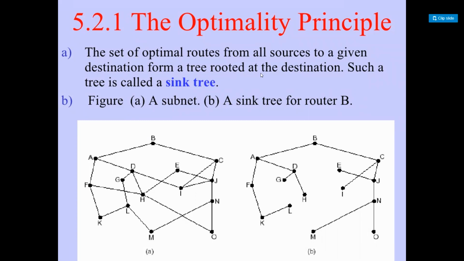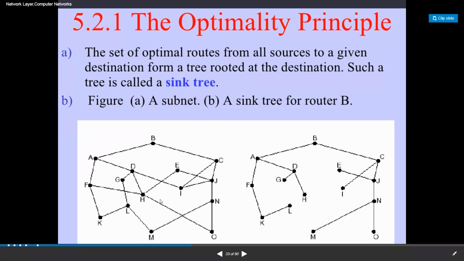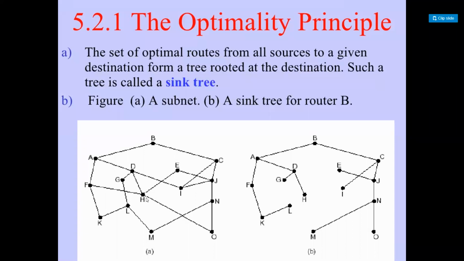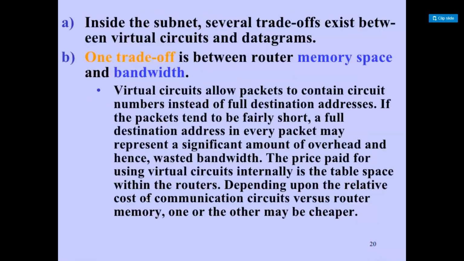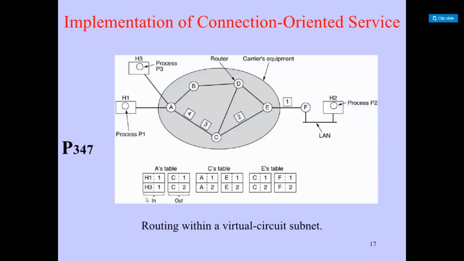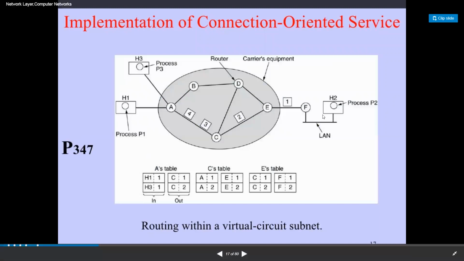In the given example, we have two diagrams. First one is the subnet. What is the meaning of subnet? So many times I told you, the subnet is the carrier's equipment. See here, I will show you what the subnet is.